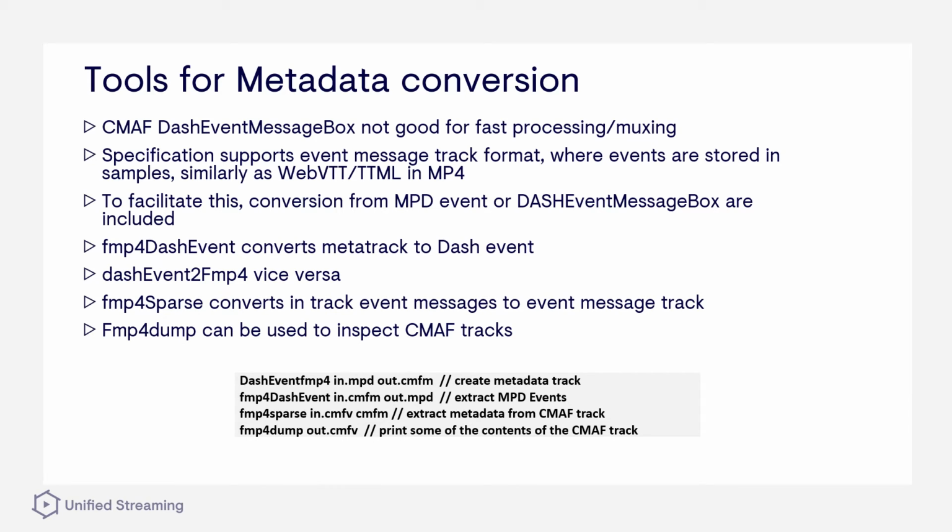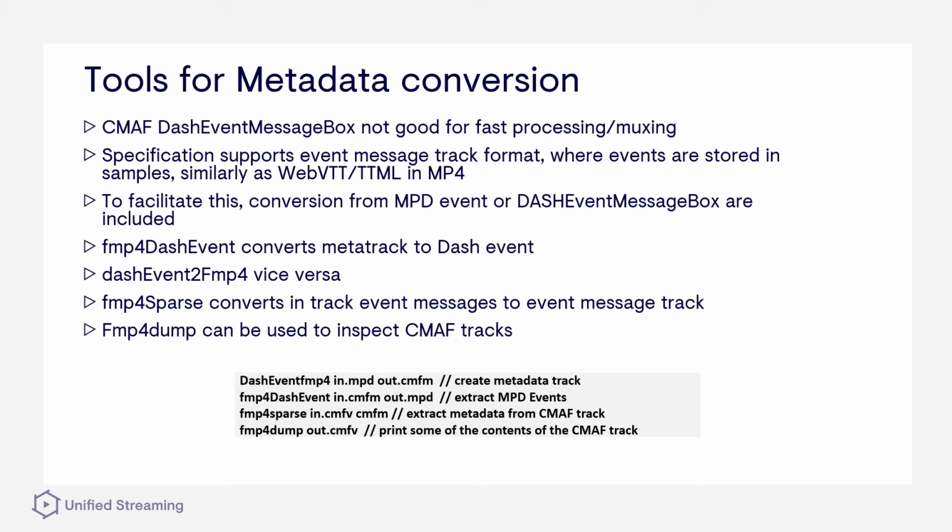Then one slightly different aspect of the CMAF ingest is the fact that for the metadata, sparse tracks are used. We observe the metadata mechanism in CMAF is based on the DASH event message box. However, this is not so good for fast processing or multiplexing, as you need to scan the entire media data to find your metadata.